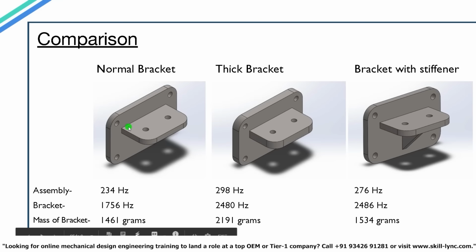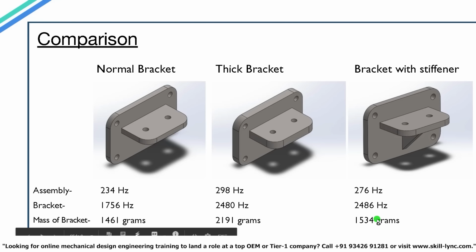So the mass of the bracket for this one is 1461 grams, that is 1.4 kgs. For this one, it is 2.191 kgs. And for this one, it is 1534 grams. So here you can notice that the increment is much higher, and here it is very less. So with a much higher increment in mass, we have a reasonable increment in the resonance frequency values.